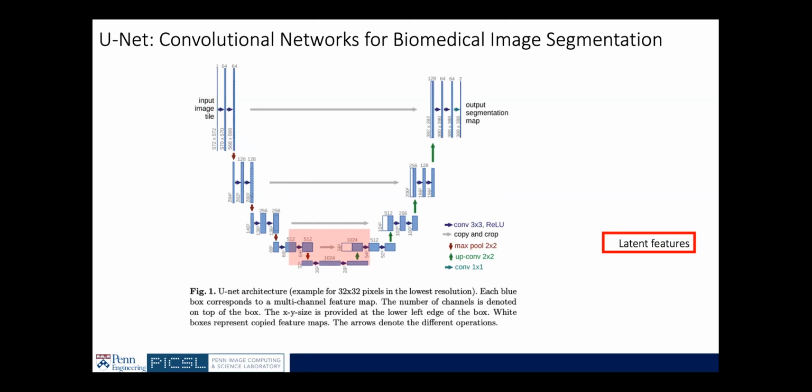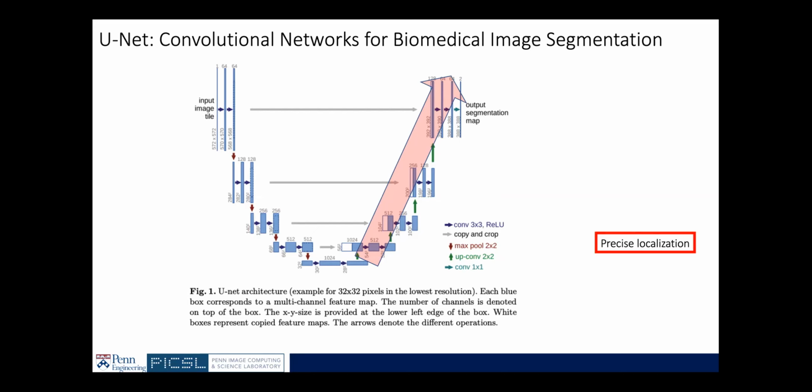Then in the third leg, we upsample the image using a bunch of convolution layers, transpose convolution layers and max unpooling functions, so that the size of the image is back to the original size, similar to the input image. This leg is called the upsampling leg, and this helps in localization of the structure of interest in your input image.